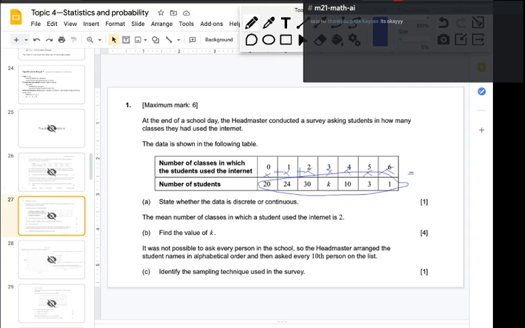Yeah, the formula is in the booklet. Okay, next.